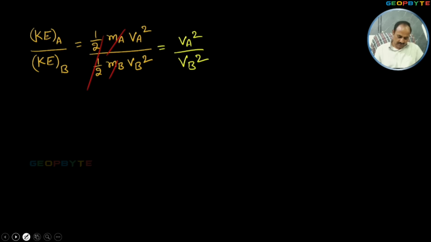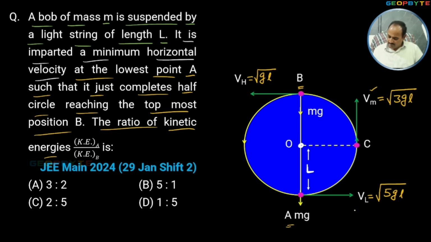VB square. Here we have decided VA means VL only. VA equal to VL is equal to root 5GL. VA square equal to VL square equal to 5GL, and VB square is nothing but VB only, equal to GL.